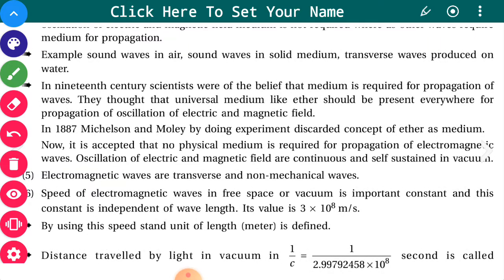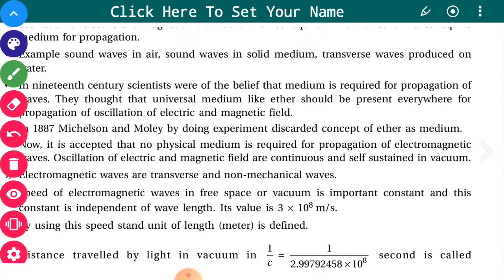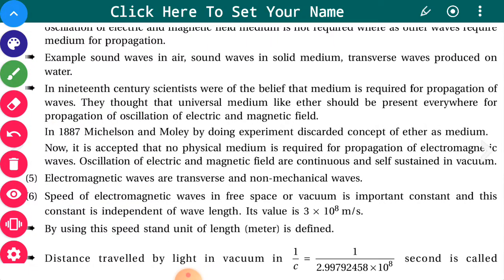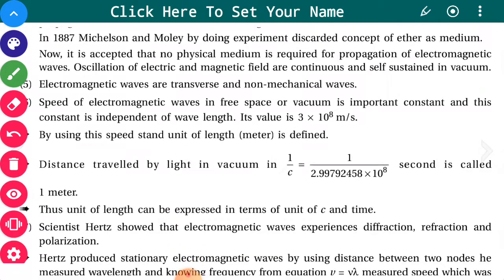Examples are sound waves in air, sound waves in solid medium, transverse waves produced on water, they all require medium. While electromagnetic waves do not require medium. Electromagnetic waves are transverse and non-mechanical waves. Okay, they are transverse waves.